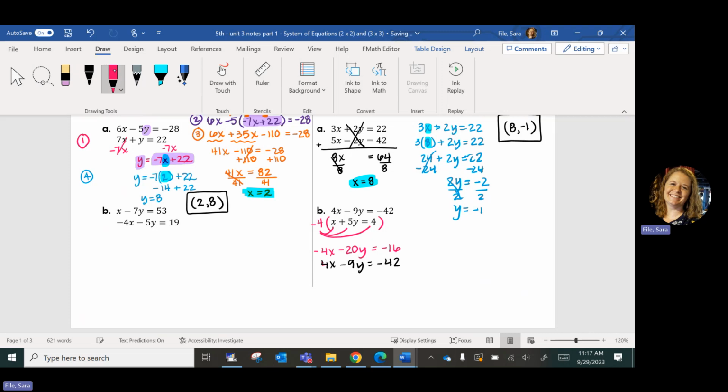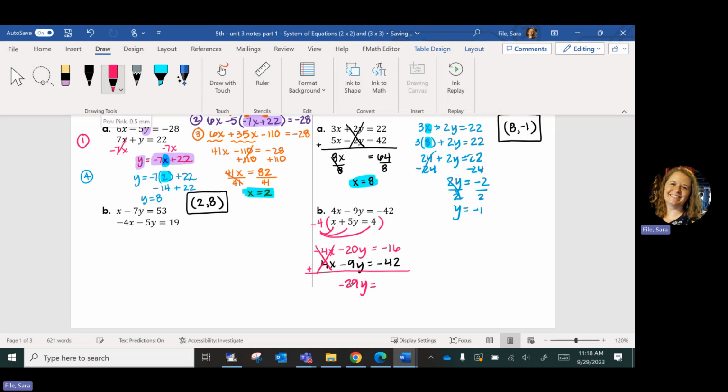Okay, but I changed the second one so that now when I add these equations together, what happens? The 4x and the -4x eliminate. I got rid of the x. So what am I left with? What's the new equation I'm left with? -29y, because those are both negative.